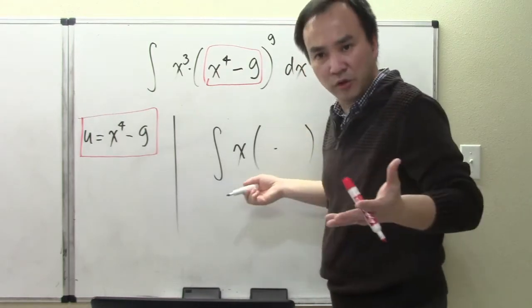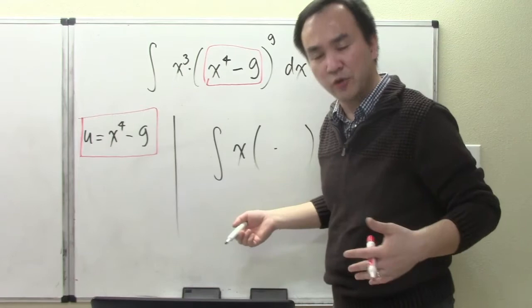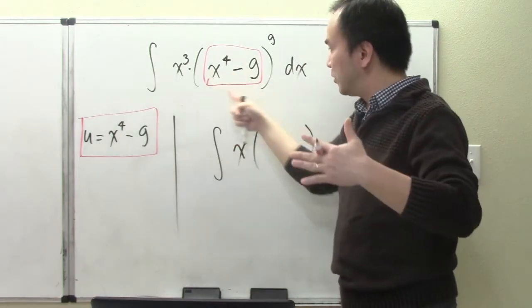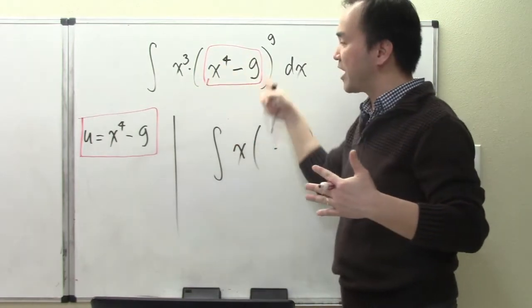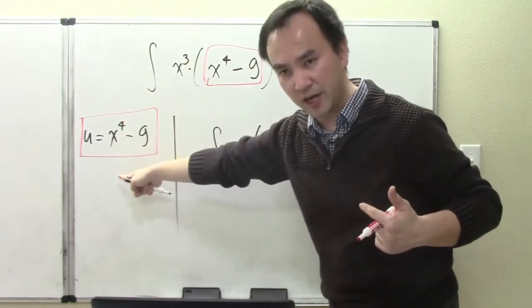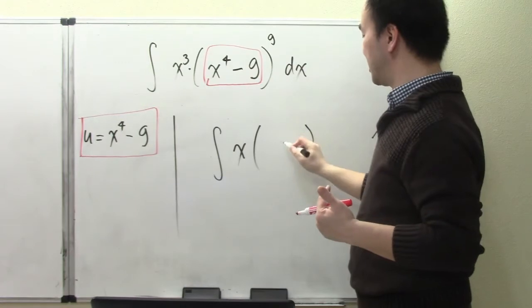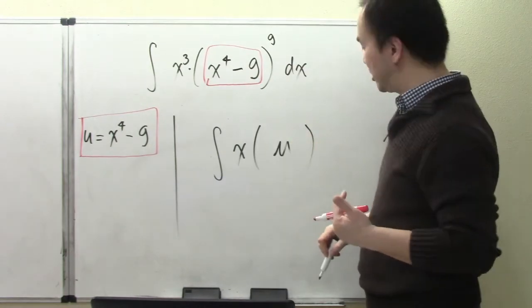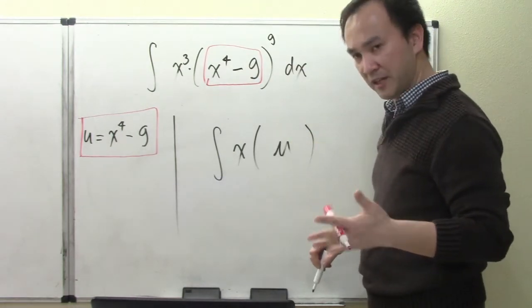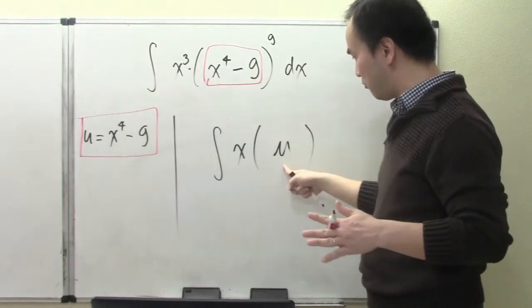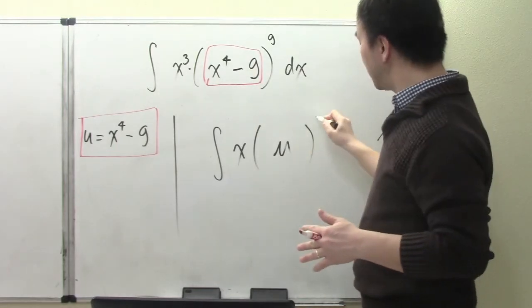That's one of the goals of doing a substitution: you want to go from a complicated expression to a much more simplified one. So x to the 4th minus 9, all that lengthy expression, now becomes one single u, and then to the 9.